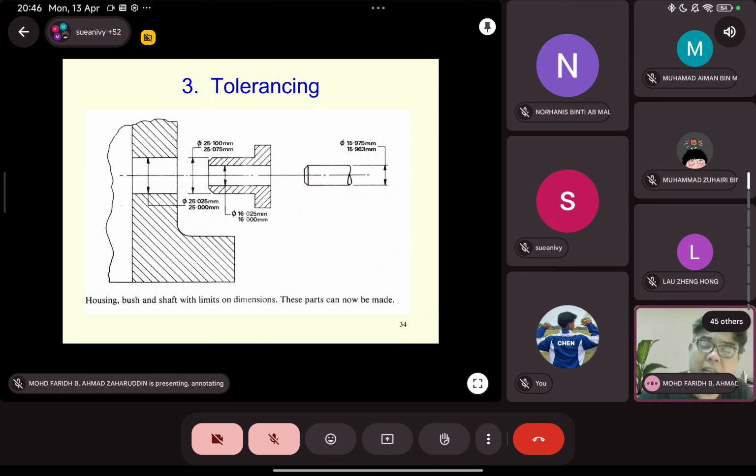Just to remind, if you look at this bush, this shaft, and this housing, you will see that the values sometimes cannot be fixed. For example, 25 maximum. That is the range. It's not an exact size. This is the range.